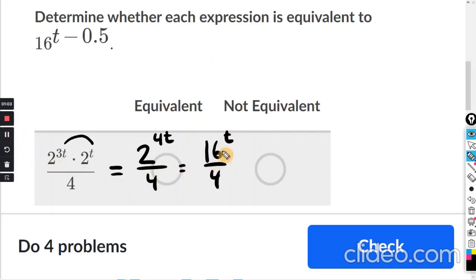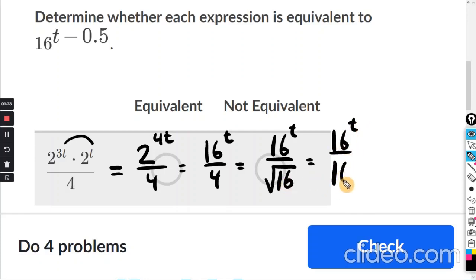Again, I'm trying to convert this into this here, and I know that we'll keep the numerator, 16 to the power of t. I know that 4 is the same as radical 16. And radical 16 is the same as 16 to the 1/2.